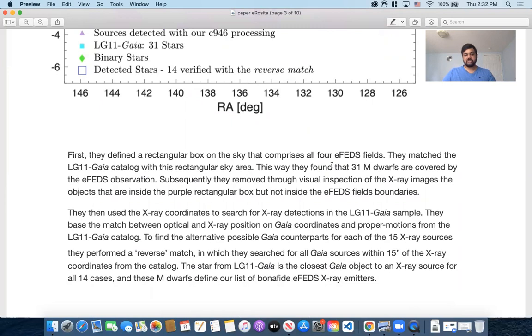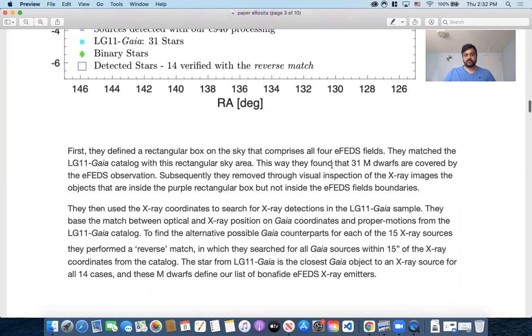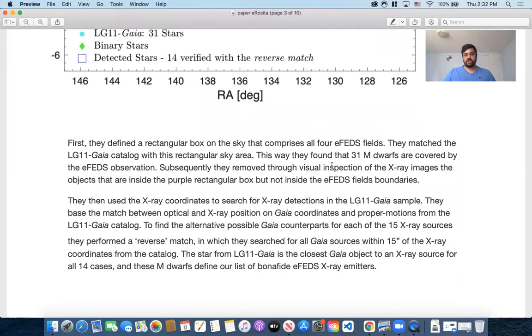They based the match between optical and X-ray position on Gaia coordinates and proper motions from the LG11 Gaia catalog. To find the alternate possible Gaia counterparts for each of the 15 X-ray sources, they performed a reverse match in which they searched for all Gaia sources within 15 arcseconds of the X-ray coordinates from the catalog.